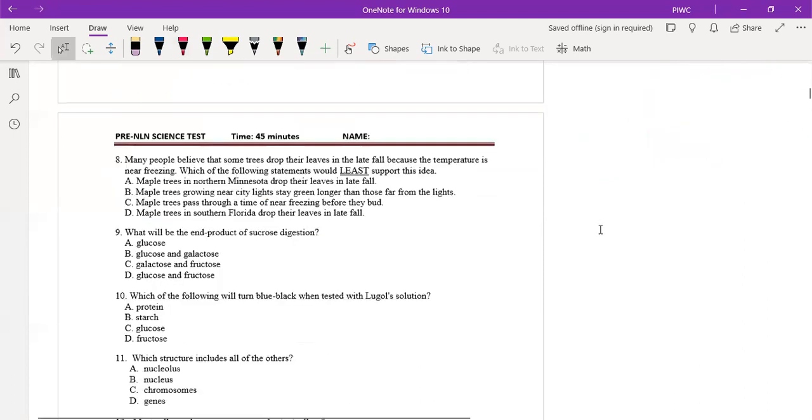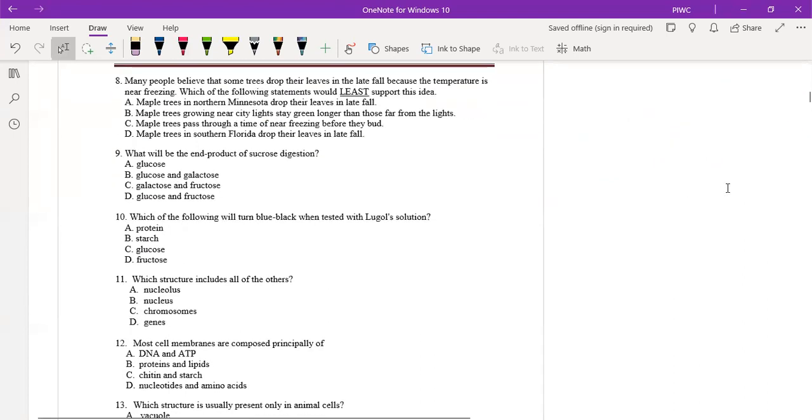Okay, number 8. Many people believe that some trees drop their leaves in late fall because the temperature is near freezing. Which of the following statements would least support this idea? A, maple trees in North Minnesota drop their leaves in the late fall.